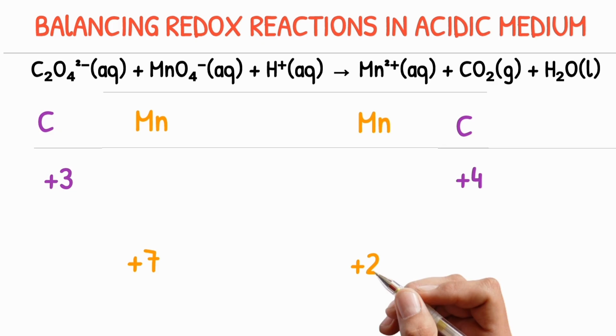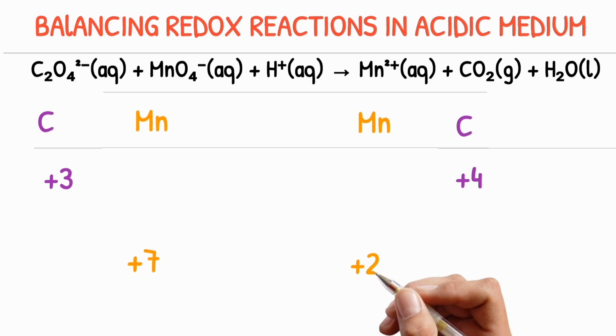Now that we have successfully calculated the oxidation numbers of all the species involved in this reaction other than hydrogen and oxygen, we can then proceed to identify which species is undergoing oxidation and which is undergoing reduction. If we remember very well, oxidation was defined as loss of electrons or increase in oxidation number.